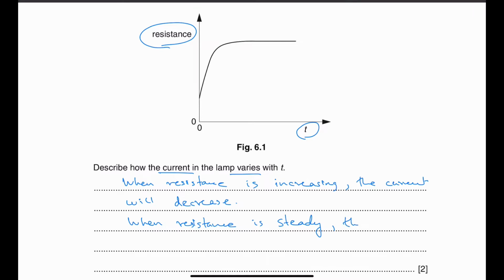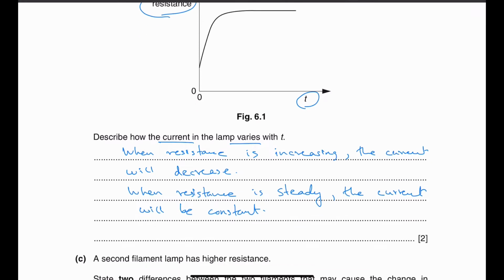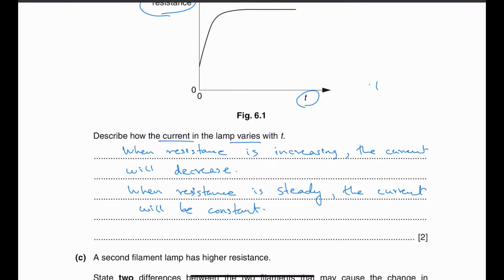So the current will be constant, and we know this because of the relationship that I equals V over R.